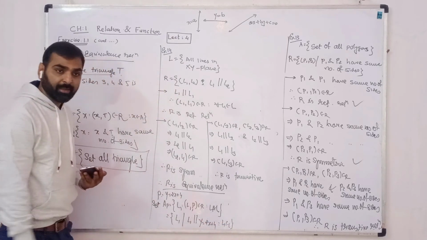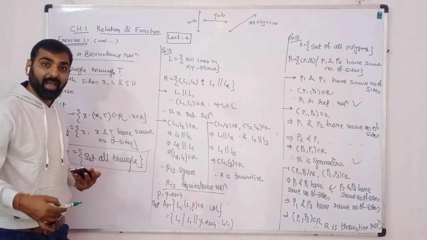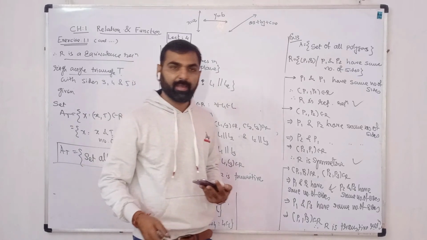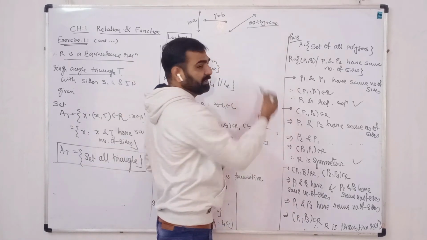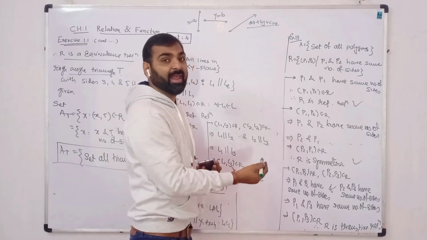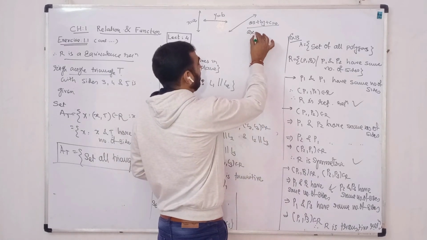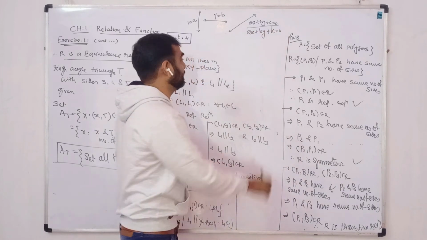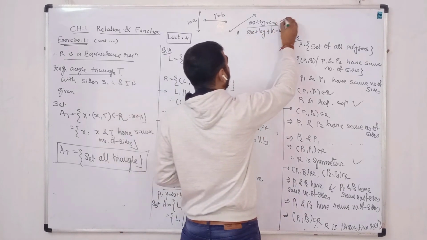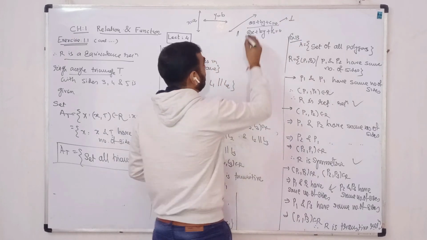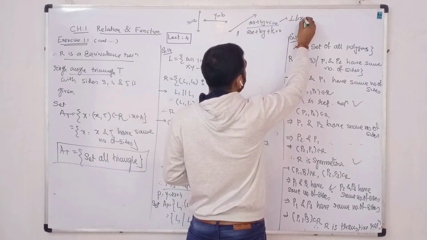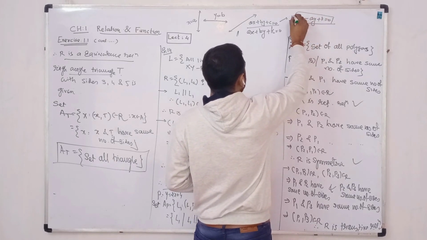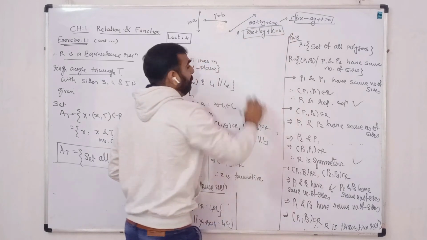Hello, is it audible? So, lines parallel to y is equal to 2x plus 4. I know that in 11th standard straight lines we studied that for any line ax plus by plus c is equal to 0, the parallel line has the equation ax plus by plus k equal to 0. This is the parallel line. And for the perpendicular line, we interchange x and y: bx minus ay plus k equal to 0. This is for the perpendicular line and this is for the parallel line.